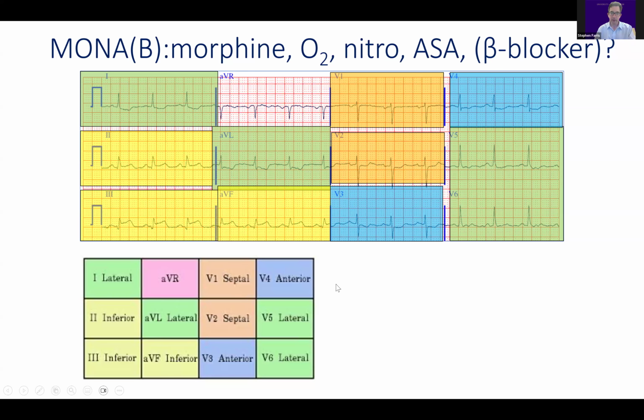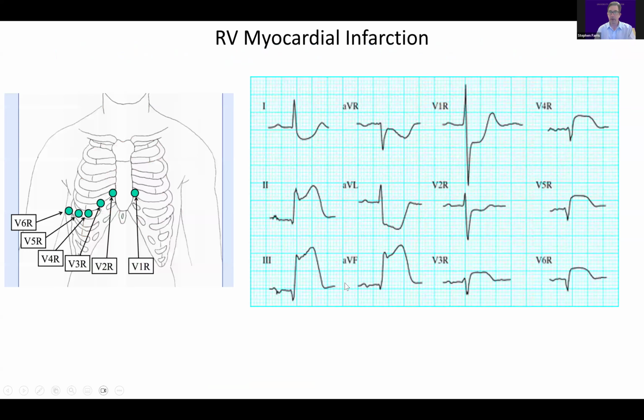Well, it matters because of an RV infarction, right? Most of the time, the RV is going to be involved with an RCA STEMI. It depends on where the occlusion is. If it's in the proximal portion of the coronary artery, it's going to involve the RV. If it's in the distal part, it'll miss the RV.